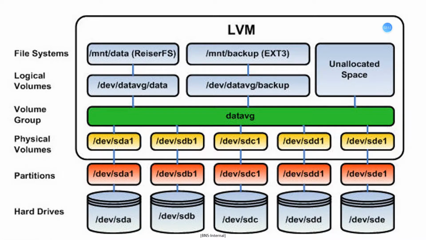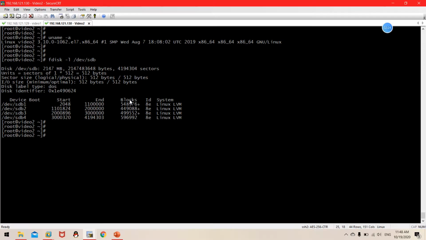Okay, then let's move on to the specific example I prepared for you. In order to help you better understand the LVM, here I prepared a test environment, where we can see that EL7 was installed on this server. EL7 means Enterprise Linux 7.